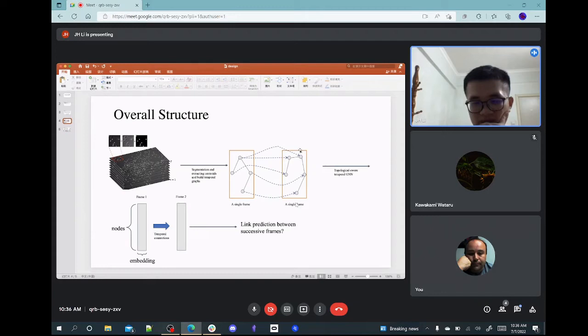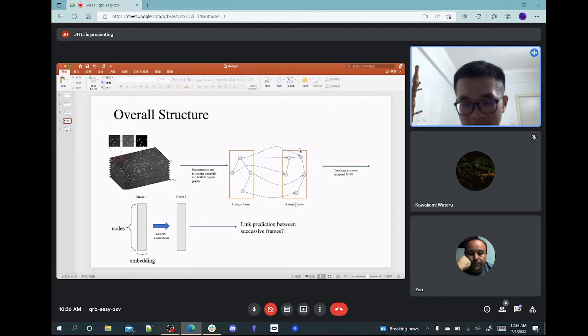But actually, my point is, look at this image. These two nodes come from the same mother cell, but this image doesn't mean that these two nodes come from the same mother node. You know what I mean?